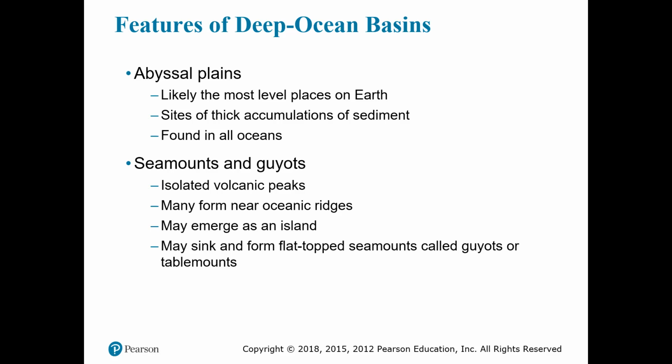If the volcano grows large enough before it's carried away from its magma source, then we can actually get these volcanic islands. The Galapagos and the Canary Islands, where the La Palma volcano is located, and that is still erupting. So it is still located over a volcanic hotspot.